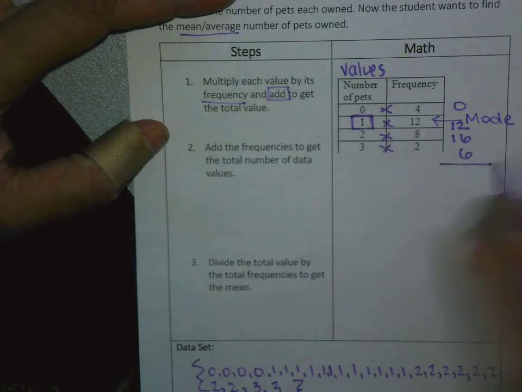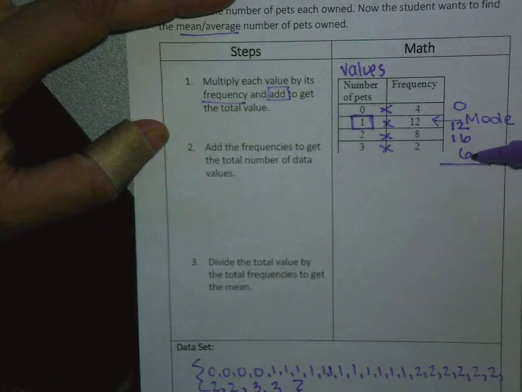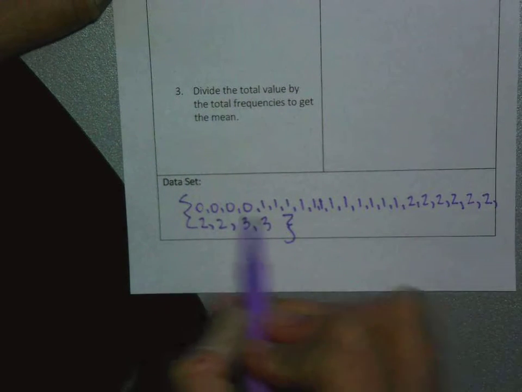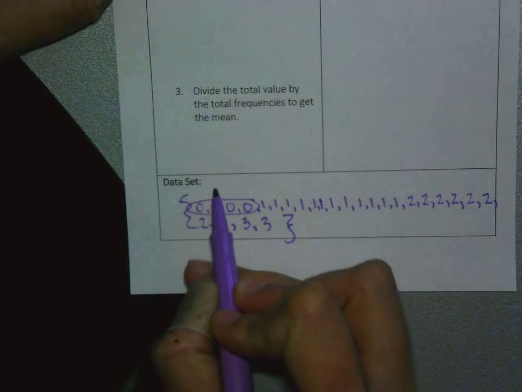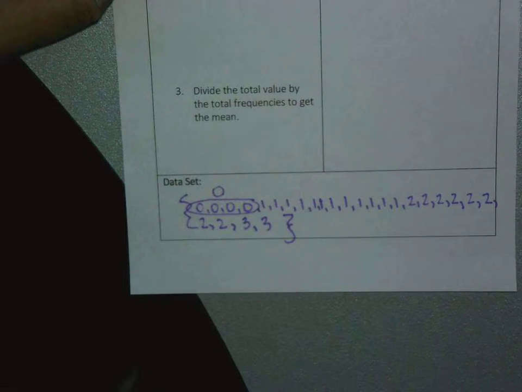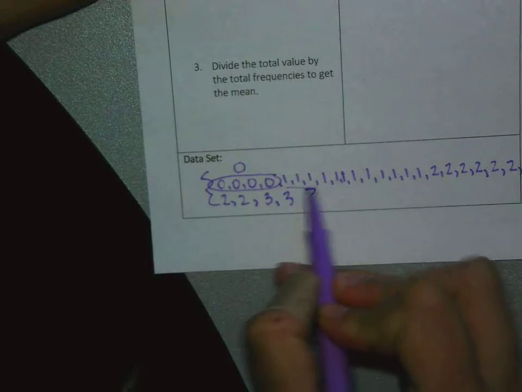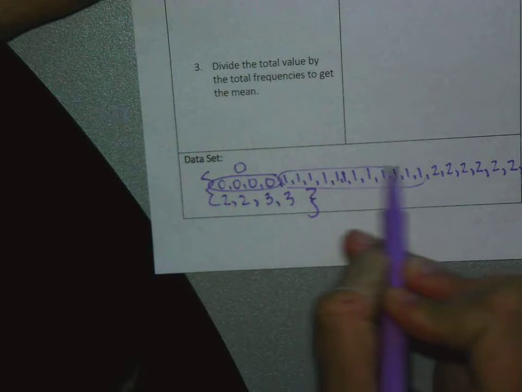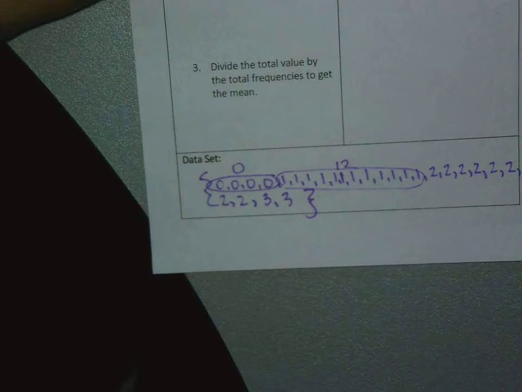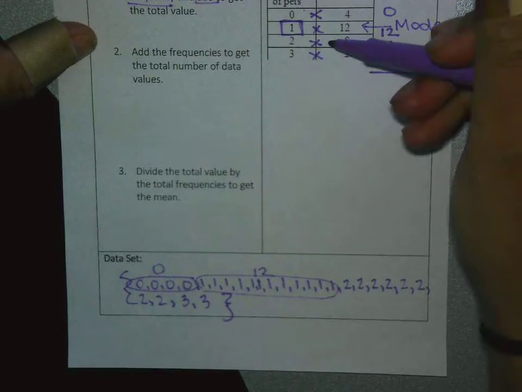So now, 12, 16, and 6, and 0 represent what I would have gotten when I added all of the zeros together. I would have gotten 0. If I added all the 1s together, I would have gotten 12. If I added all the 2s together, I would have gotten 16.